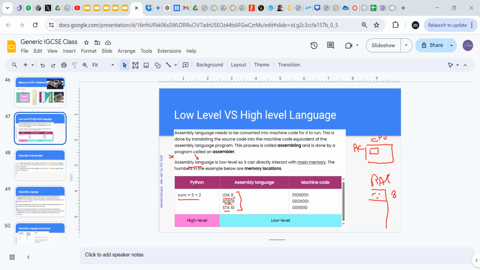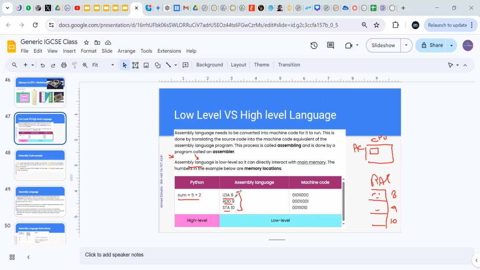Then the add command says go to address 9 in the RAM, take its content and add it to whatever is inside the accumulator. So it's adding what you find in 9 to what you already got from 8. Then STA 10 says take the result of the addition stored in the AC and store it at address 10 in the memory.